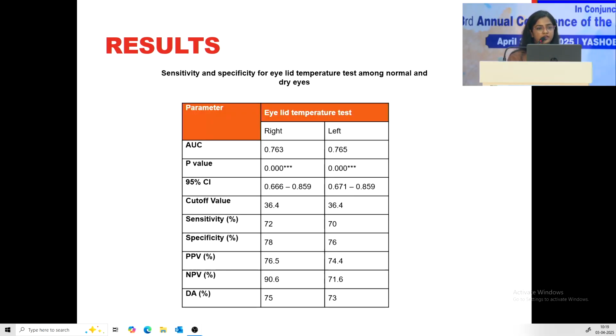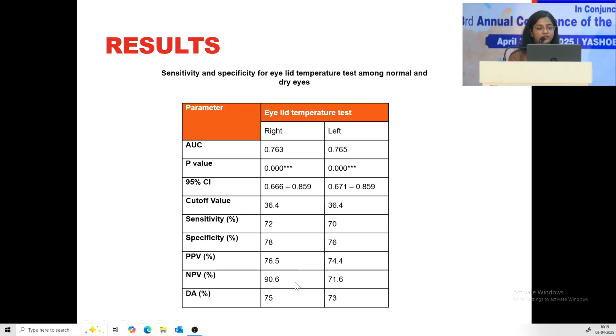The sensitivity and specificity for lid temperatures amongst the normal and the dry eye were noted, and sensitivity was 72% and specificity was 78%, with a positive predictive value of 76.5% and a negative predictive value of 90.6%.